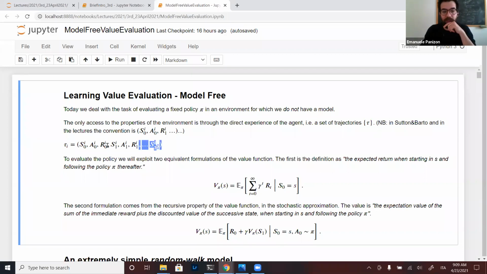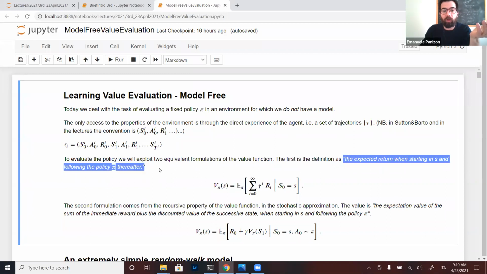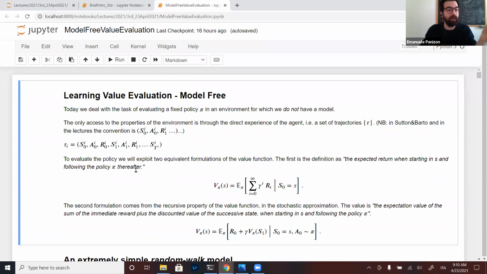But we can see that just having this information, we can evaluate the value. Indeed, the value function of a state given a policy has a proper definition, which is just the expected return when I start in that state and I follow the policy from that point onwards. So this is the first definition of the value v given a policy pi of the state x.